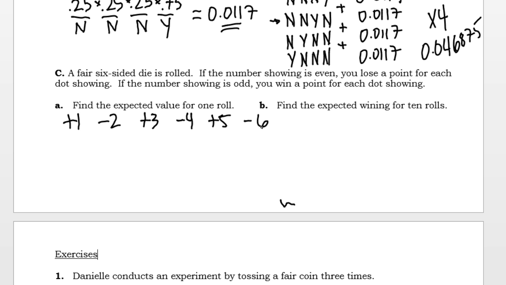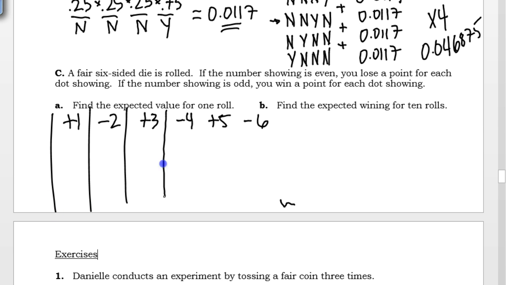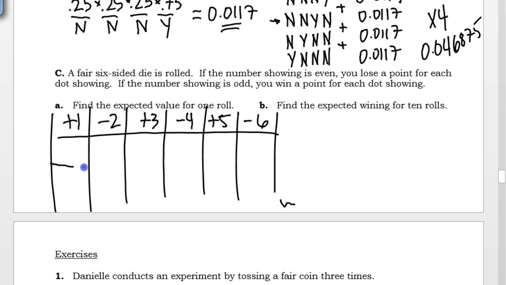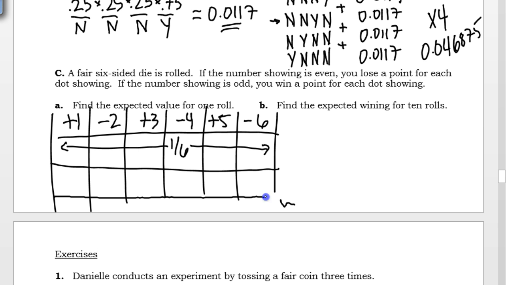The probability for each outcome is 1/6. Since I'm rolling a die and I have equal probabilities all around, let's just go 1/6. For my bottom row then, I take my outcomes, multiply them by my probabilities.